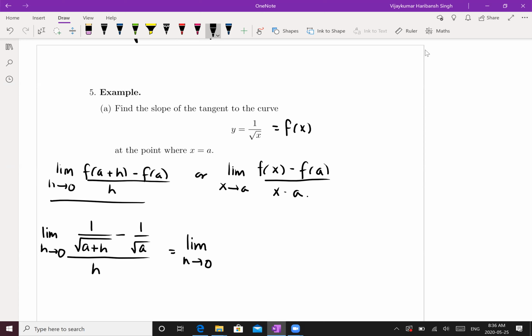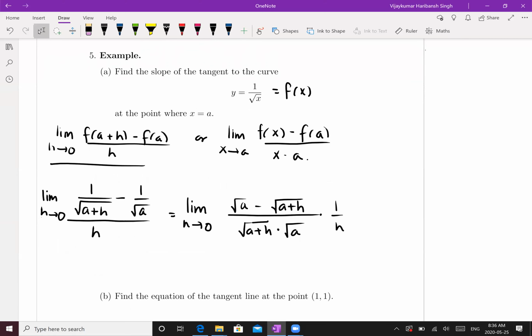So we need to cancel out some common factor, and that factor is going to be h minus 0. So let's simplify this. Cross multiply, and this will come in the denominator, square root of a plus h times square root of a, multiplied by 1 over h. I'll keep 1 over h on the side.